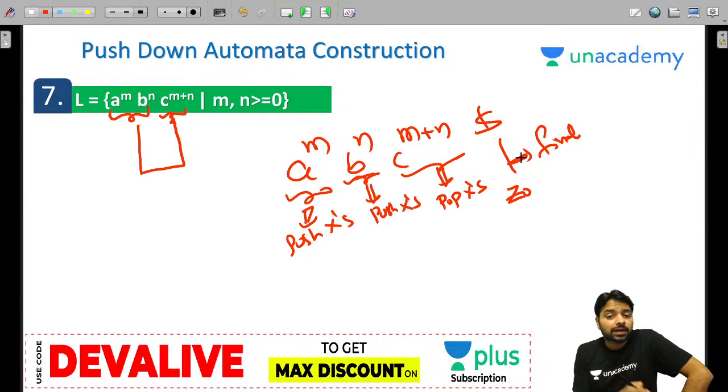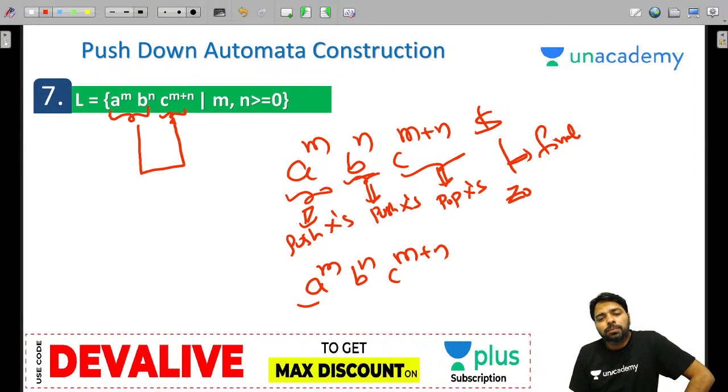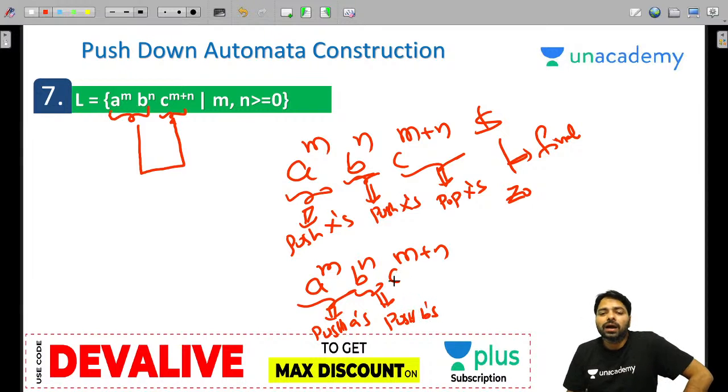Infinite logics are there, no need to push a. You can also do it the other way, the one everybody does: push a's. That is another logic. Push a's, for this push b's, every b one b, and here first if b's are there, pop b's.